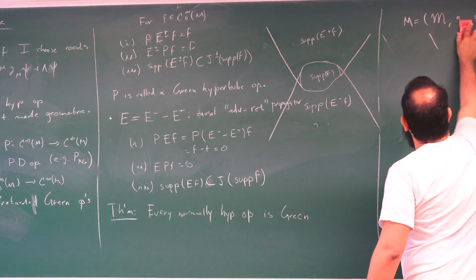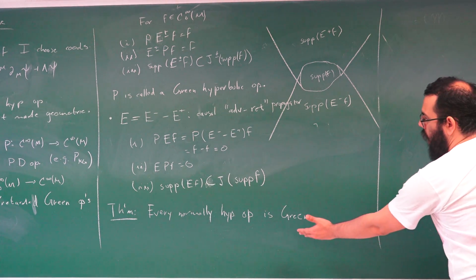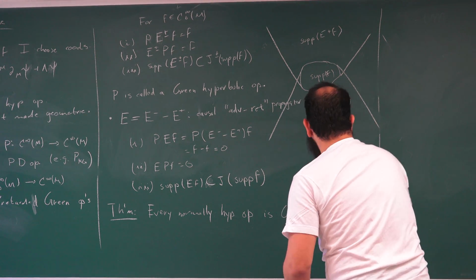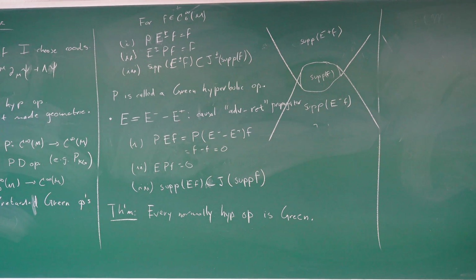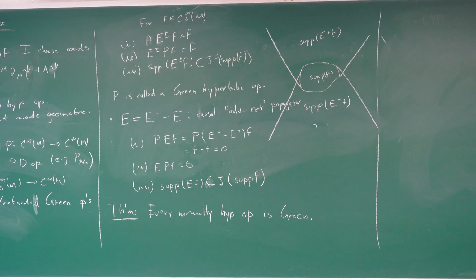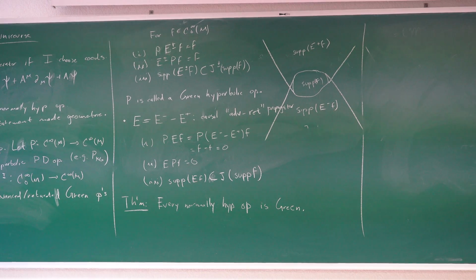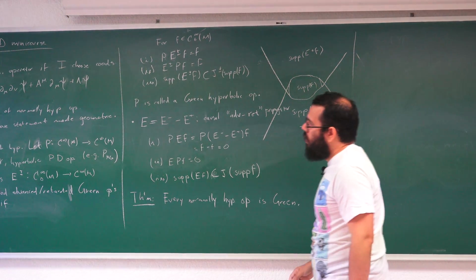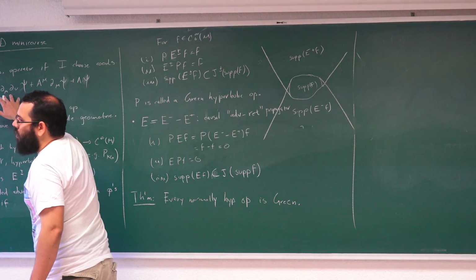Notice, for example, that this theorem that we have just written, I'm not going to prove because we have no time whatsoever, is completely irrelevant, for example, for the Dirac field. Because the Dirac operator is not of that form.